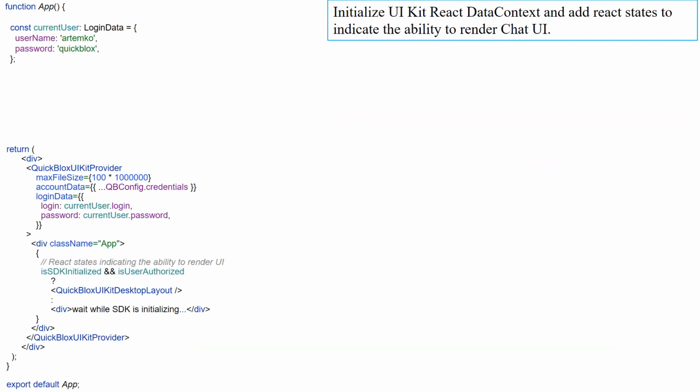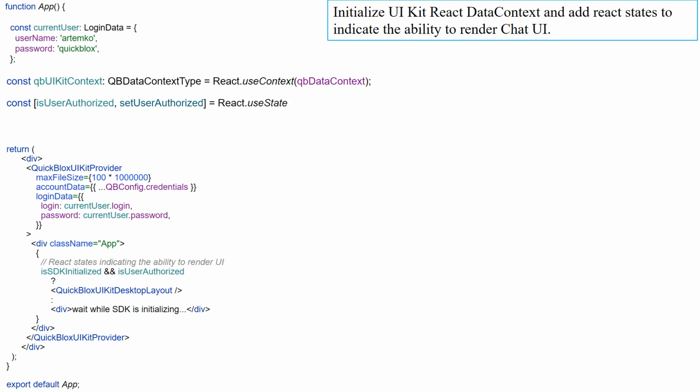To work with QuickBlox, it is necessary to initialize the UIKit React data context. It contains important data and settings for using QuickBlox. The data context connects various components of the application and provides them access to shared data. We need to add user authentication, so to do this, we will introduce two React states and use the useEffect hook.